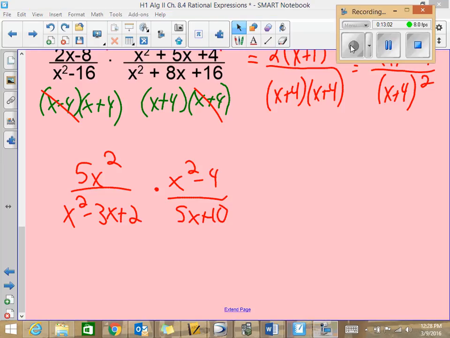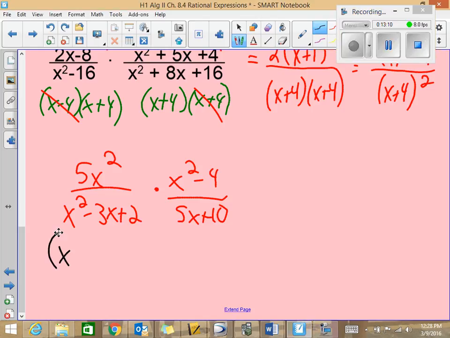So try this. Write this down. Okay, so let's factor these. So 5x squared, we can't do anything with right now. X squared minus 3x plus 2 is x minus 2, x minus 1. X squared minus 4 is x minus 2, x plus 2. 5x plus 10 is 5 times x plus 2.